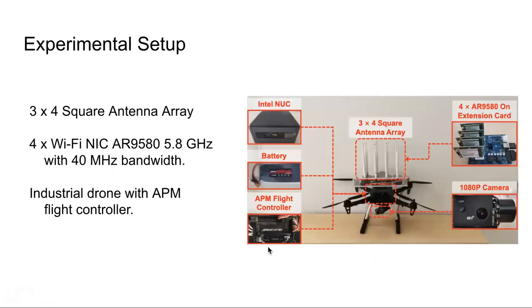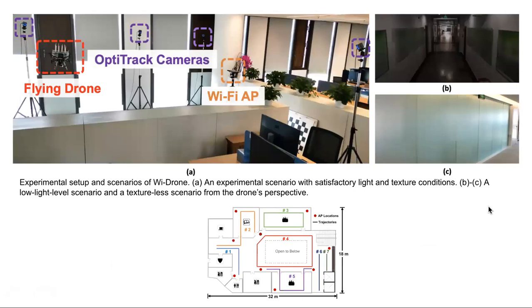And then this is the experimental setup, which is a 3x4 square antenna array on top of the drone, and also 4 Wi-Fi NICs, AR9580, 5.8 GHz with 40 MHz bandwidth, and also they have an industrial drone with an APM flight controller, and they have a 1080p camera, and they test it in this environment.